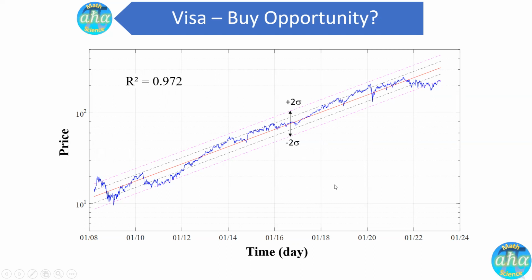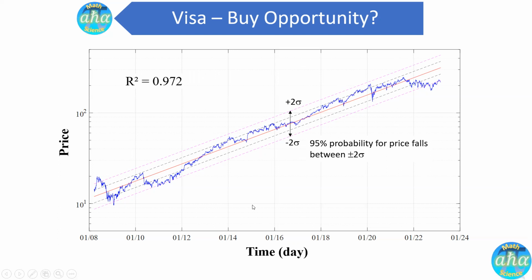And according to statistics, you can see that I already plotted a plus 2 sigma and a minus 2 sigma line. Sigma is the standard deviation. So these are the trend lines that are 2 standard deviations above and 2 standard deviations below the trend line. And according to statistics, there's a 95% probability for the price to be within this band.